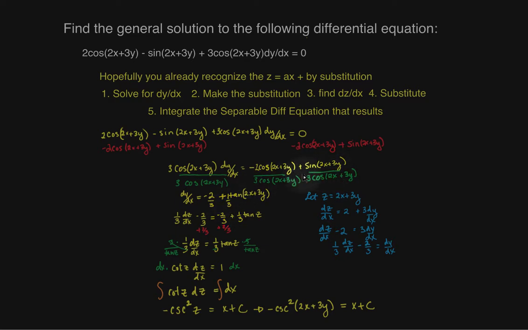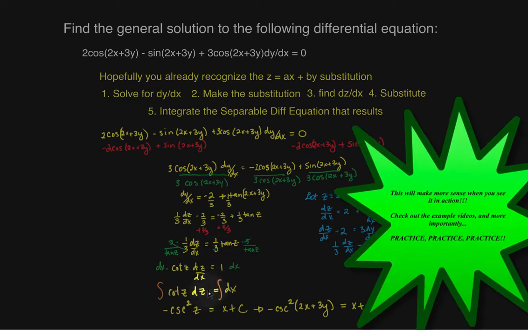Sine over cosine is tangent, those cancel. Let z equal that, derive with respect to x, then we solve for dy/dx, plug in what dy/dx equals, and then plug in your z, simplify, integrate.